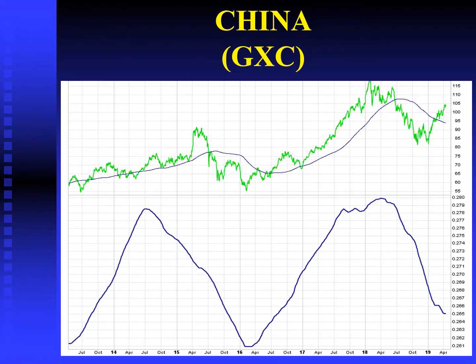Let's see now if the Chinese market is any different. It doesn't look that way. For instance, when the economy in the US slowed down, the Chinese market had a poor performance. The US economy strengthened, the Chinese ETF rallied.